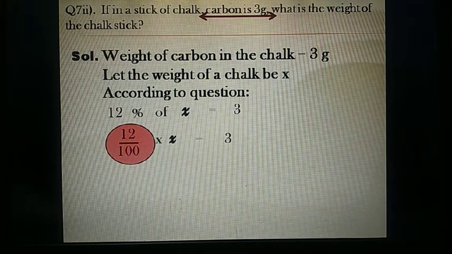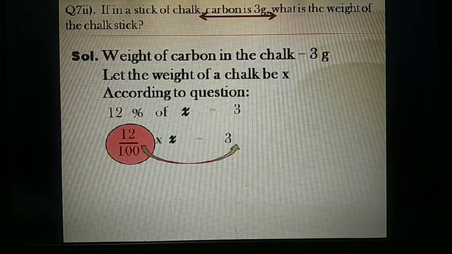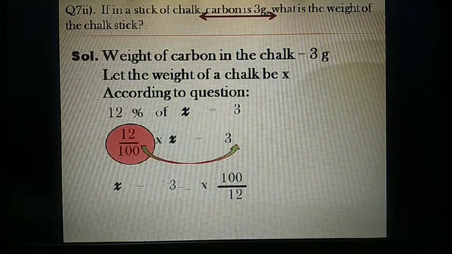Again, you have to shift this fraction, which you are multiplying here on the left hand side, to the right hand side. So shifting a fraction, which you are multiplying here, means shifting a reciprocal of it. So X means 3 into 100 upon 12. 3 ones are 3, 3 fours are 12.